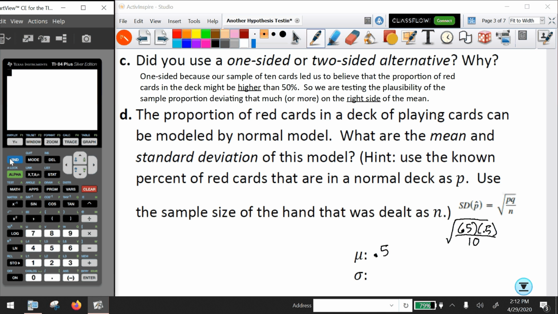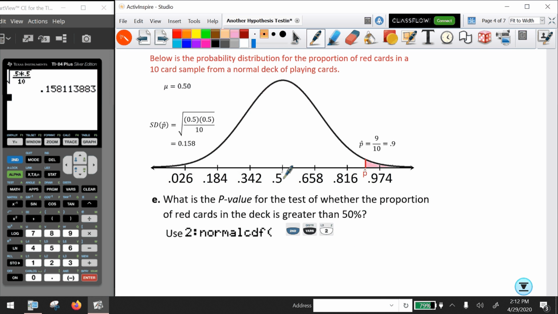Let's see. 0.5 times 0.5 divided by 10. So we get 0.158 roughly. So I'm going to construct a normal model with a mean of 0.5 and a standard deviation of 0.158. Here it is. It has a mean of 0.5, and I counted 0.158 in each direction 3 times.